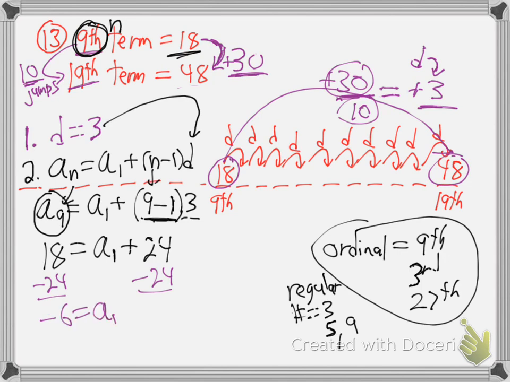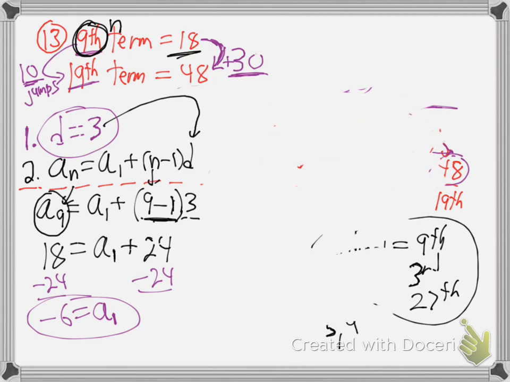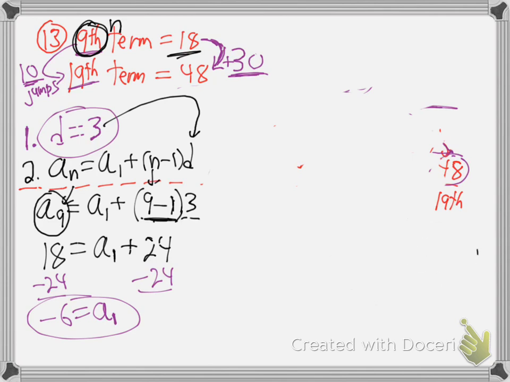A1 is minus 6. So I've got a1. I've got d. Now I've really got the formula. I can go over here and erase this stuff. I've got the formula. That's what they want. They want me to give them the formula.